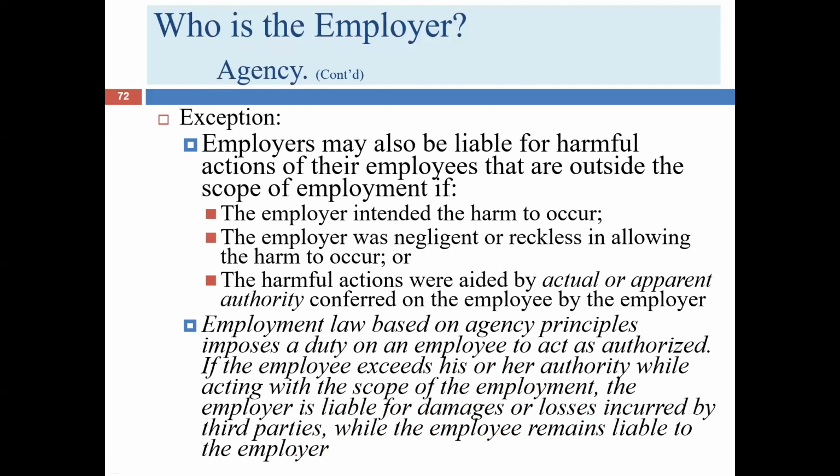So sometimes you might have a situation where an employee is told, don't do this, but the employee goes ahead and does it anyway. The example of me punching someone in the nose. I, as the Target cashier, clearly exceeded my authority when I punched Bob, the customer, in the nose. But still, Target is going to be responsible for that because I was in my mode of being the Target employee at that particular time.